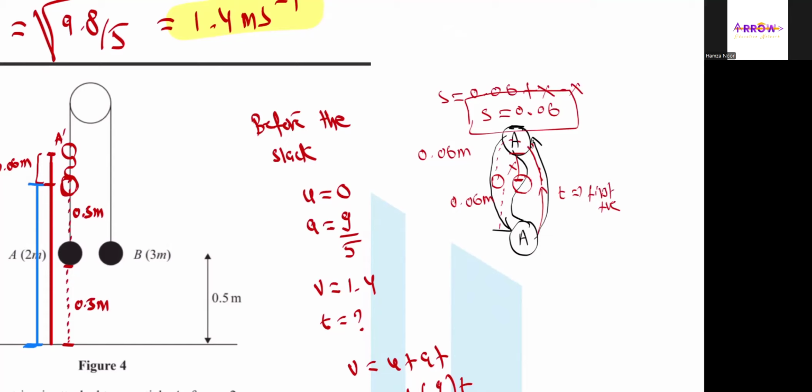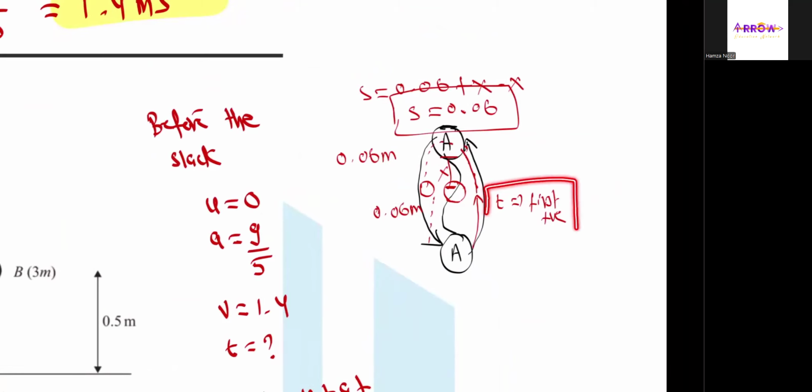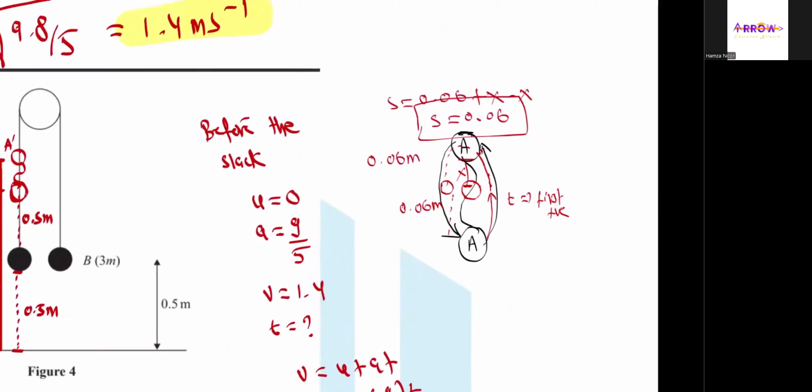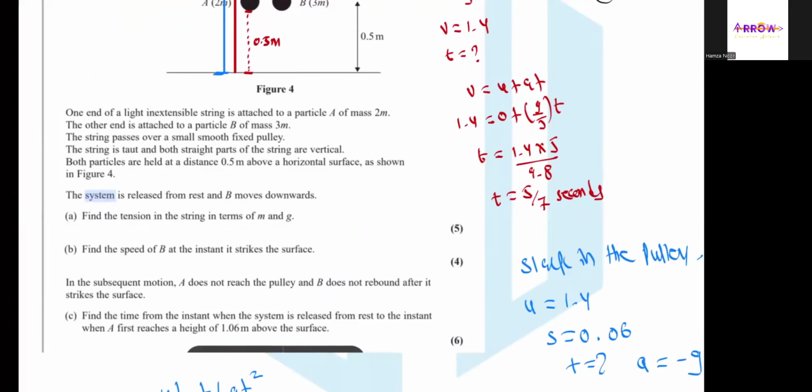Here we have two values of t. What I'm trying to say is that the first positive value of t which you have obtained will be your answer, because the question is saying: find the time from the instant when the system is released from rest to the instant when particle A first reaches a height of 1.06 meter above the surface.